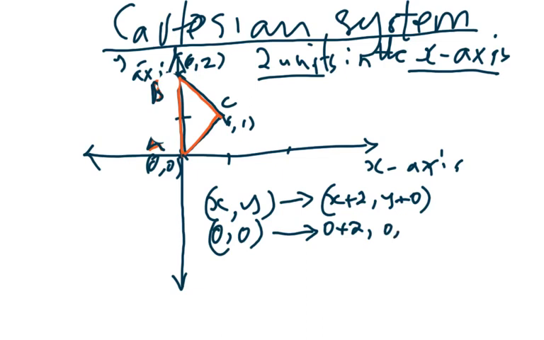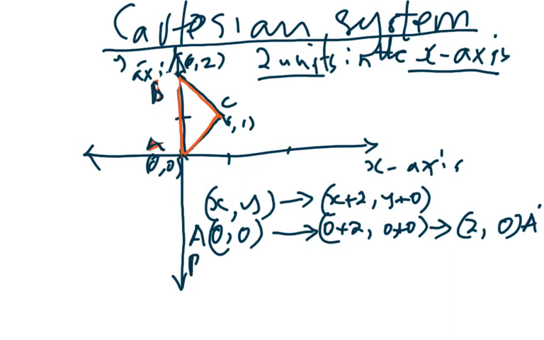So my coordinate will be x plus 2 is 2, comma, 0 plus 0, 0. This is now my A, and that becomes my A prime.